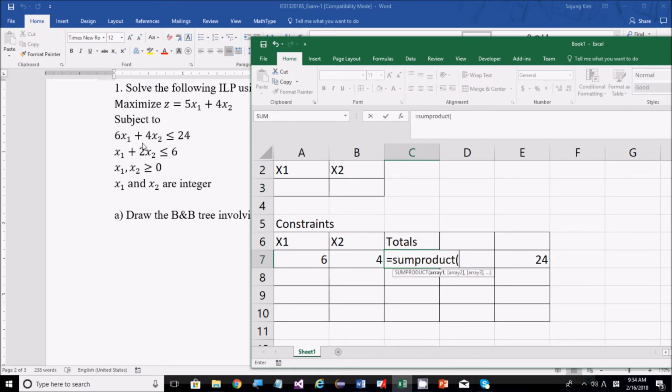to get the left hand side of the inequality. First of all, you have to select the values of the decision variables and then select the coefficients associated in the first equation.